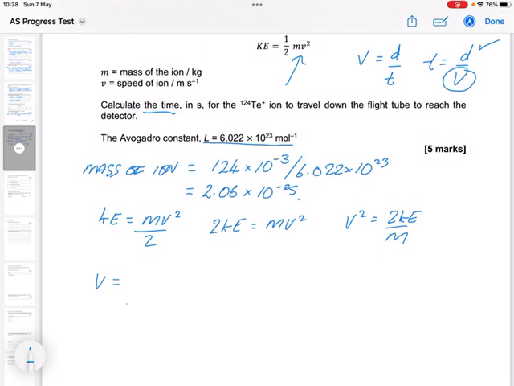So v equals the square root of 2KE over m, so let's put the values in.